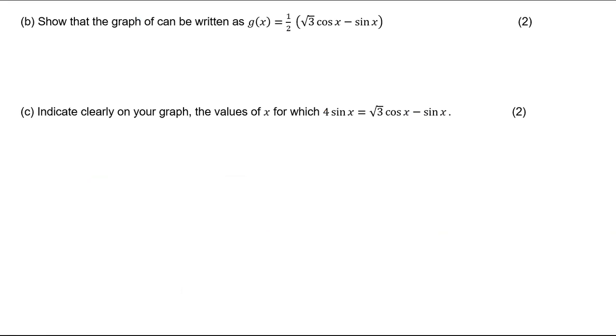Now, for B, it says, show that the graph of G can be written as that.